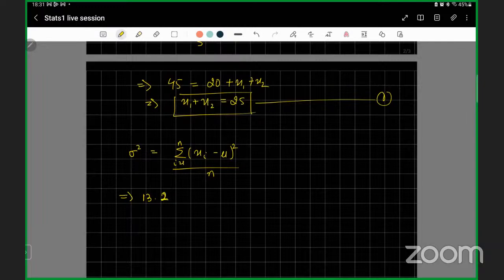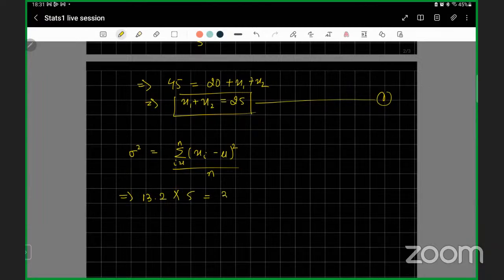N is again 5. Ma'am, is it not n minus 1? No, in the question it says population variance, not sample variance. So into 5 I can take it there.